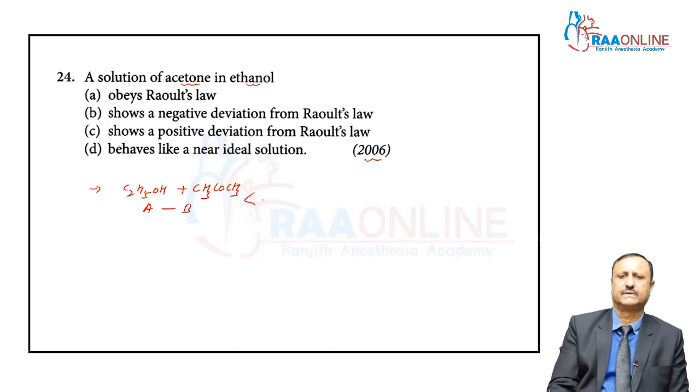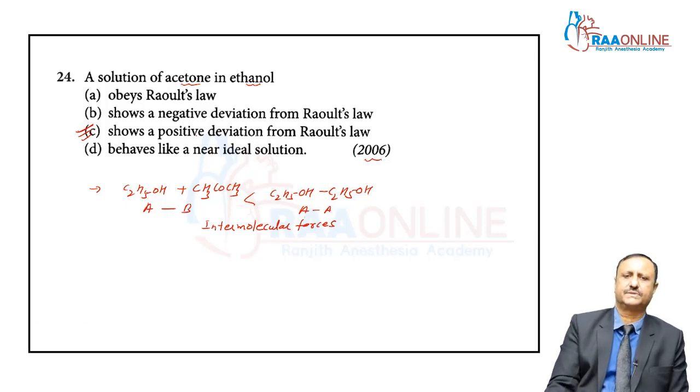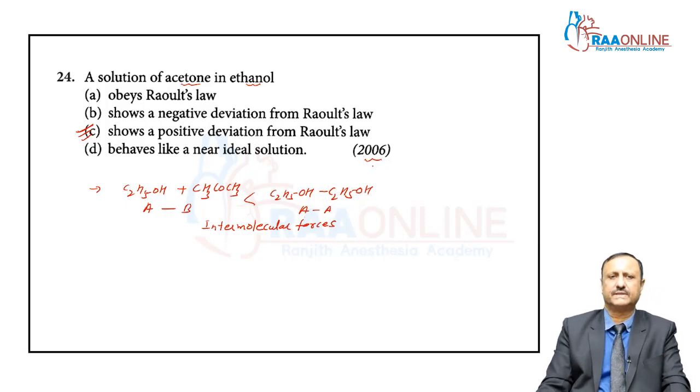When we look at the hydrogen bonding present in ethanol and ethanol, or the intermolecular forces, the forces of AA are greater than AB. So, my dear students, when you mix ethanol and acetone, vapor pressure increases. So, it does not obey Raoult's law and shows positive deviation. So, my dear students, for question number 24, the answer is C, and this question was also in the 2006 NEET exam.